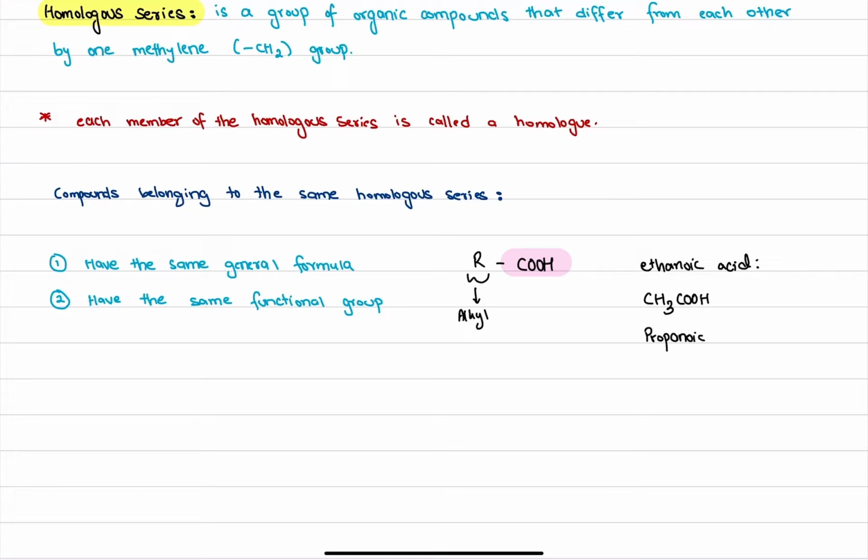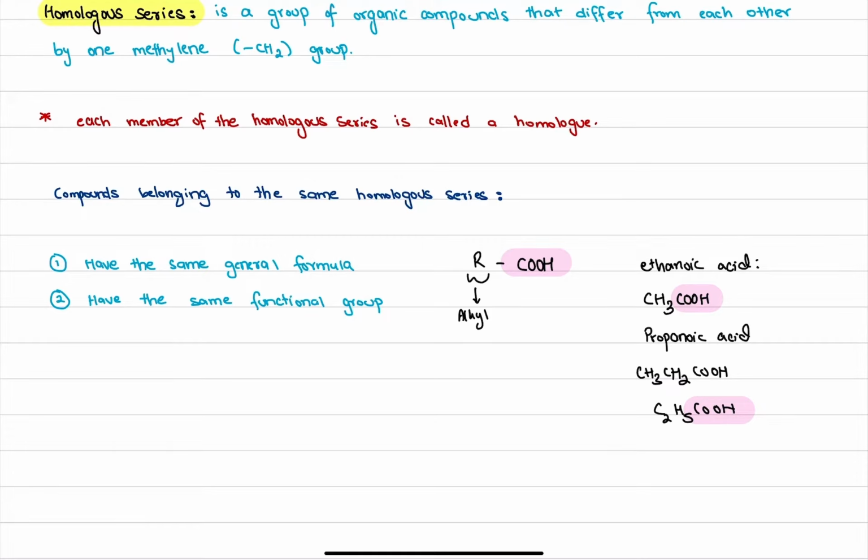In propanoic acid, we have CH3CH2COOH, or you can also write it as C2H5COOH. Again, propanoic acid also has COOH in its molecule. So this is the functional group, and all of the organic compounds placed in the same homologous series will have the same functional group.